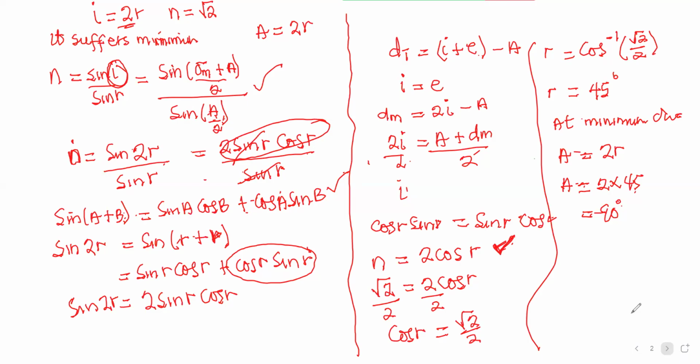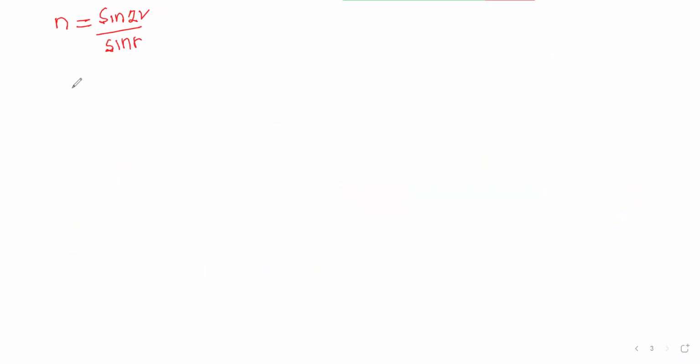The question says that at the minimum deviation, the angle of incidence is equal to 2 times the angle of refraction. And so the refractive index, which is sine of I over sine of R, under this condition, I is equal to 2R.